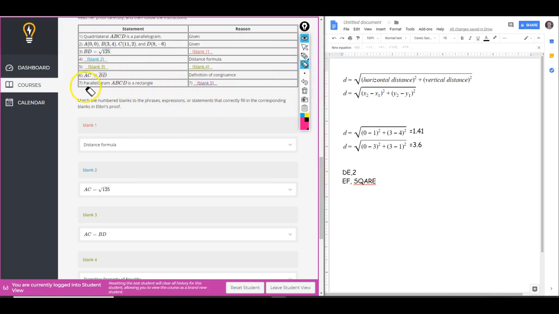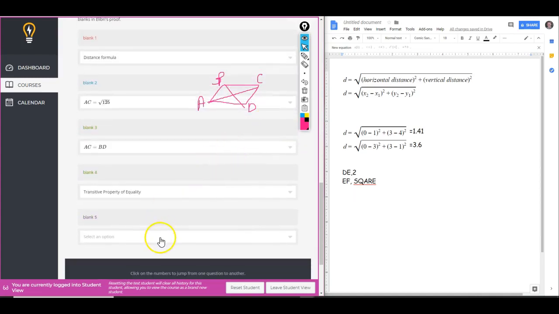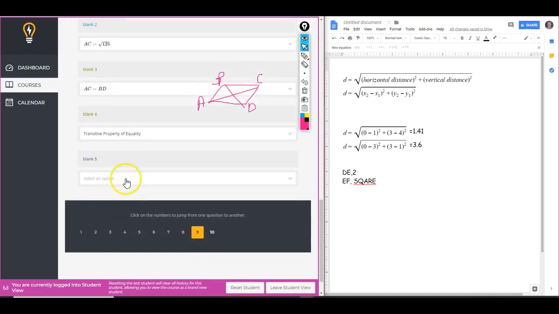And then parallelogram ABCD is a rectangle by blank 5. Well, what are segment AC and segment BD representing in this parallelogram? If I were just to draw this out, and I know it's a parallelogram, A, B, C, D, I notice A to C is a diagonal, so is B to D. So they're proving that the diagonals are congruent, which is one method to prove that it is a rectangle.